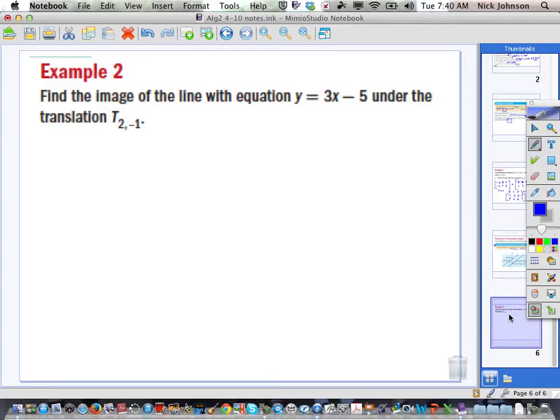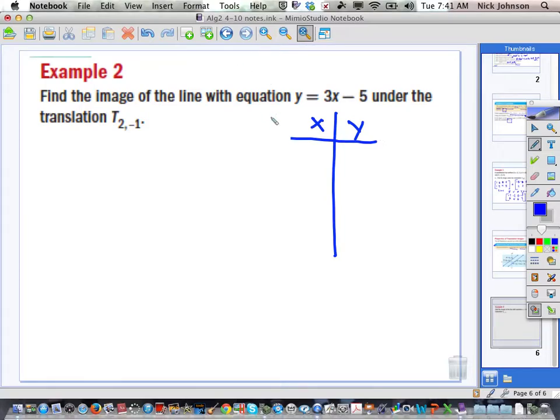Example 2 says, find the image of the line with the equation y equals 3x minus 5 under the translation T of 2, -1. So here's what I'm going to do: I'm going to throw points into this, to get some points so I know what I can translate.